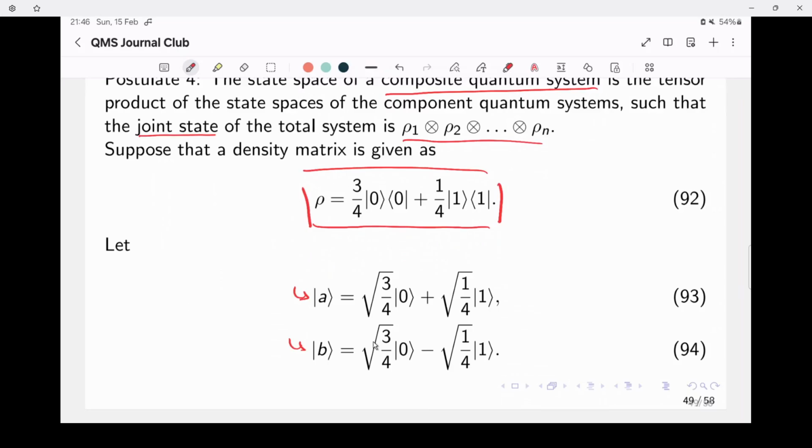Let me think a bit. You need to perform this. So let's see if they are orthogonal to each other. I forgot to check.